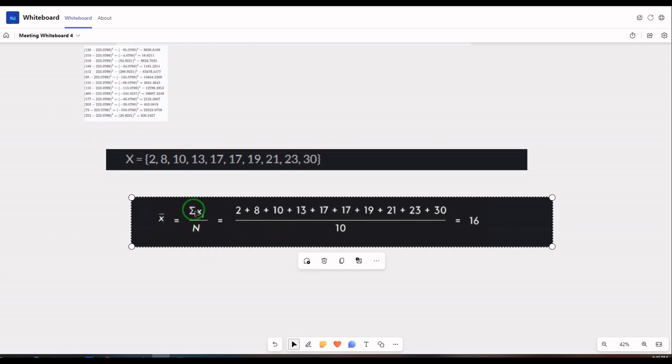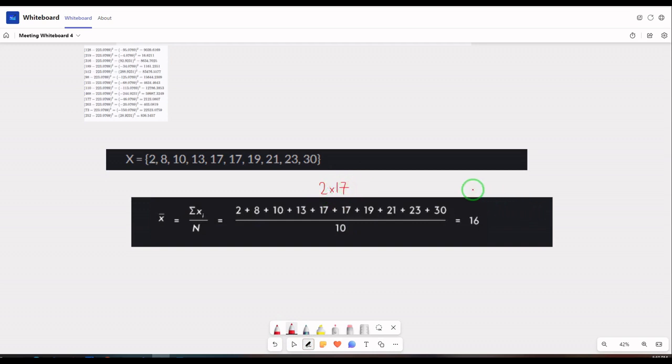I added all the data points, as you can see here, divided by n. So number 17 was repeated twice, so I just wrote it twice. Or if you want to use the formula with the frequency in it, instead of 17 plus 17, you can simply write 2 times 17, right?